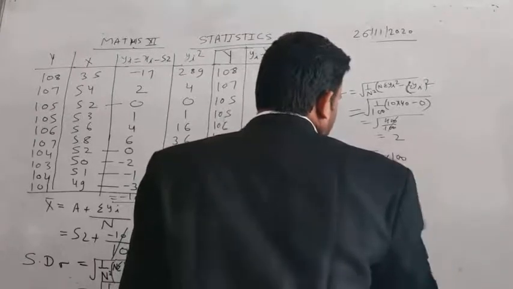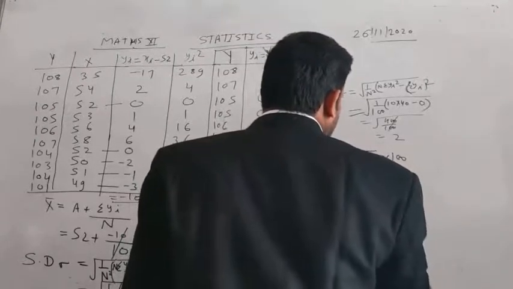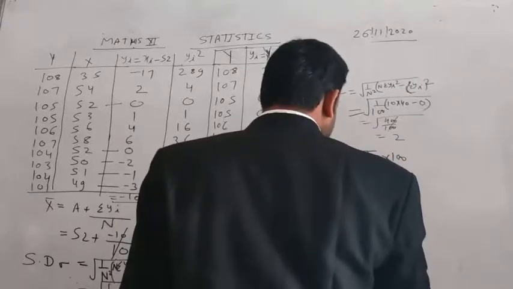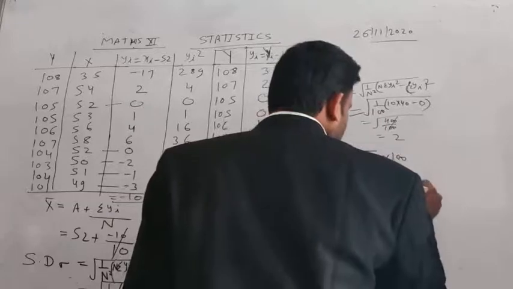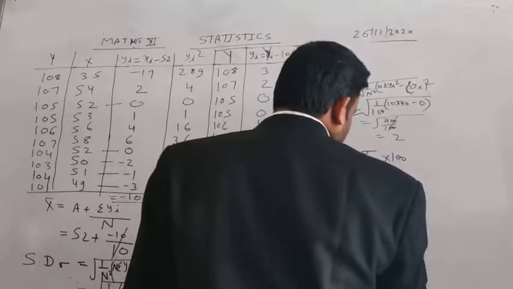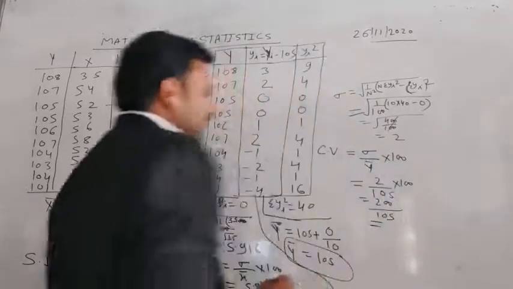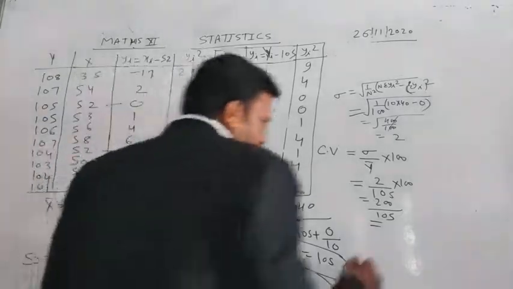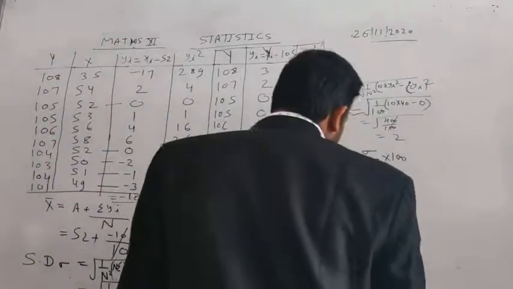Now we will find our coefficient of variation for cell y, which is sigma upon y bar into 100. So sigma is 2 and y bar is 105, which we supposed, into 100. So it is 200 by 105. So our coefficient of variation for the second will be nearly about 1.9.